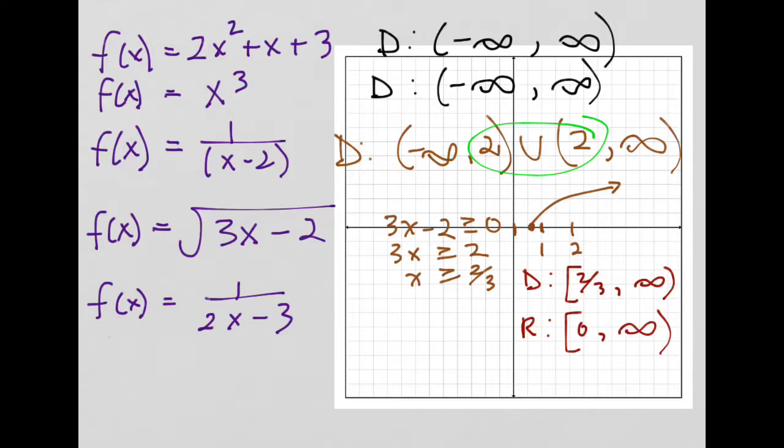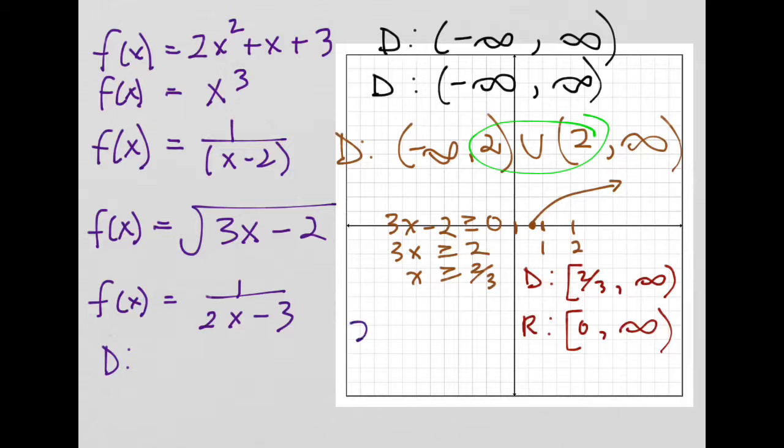All right, now let's look at this last one here. So I'm going to say, what is the domain? All right, so there is a restriction. Remember, we can't have a 0 in the bottom. All right, so that means 2x minus 3 cannot be 0. So 2x cannot be 3, so x cannot be 3/2.